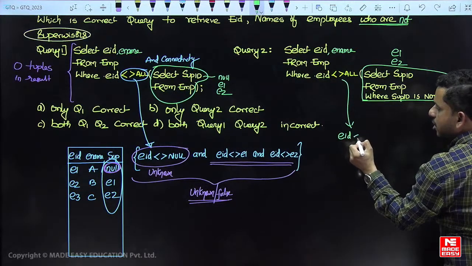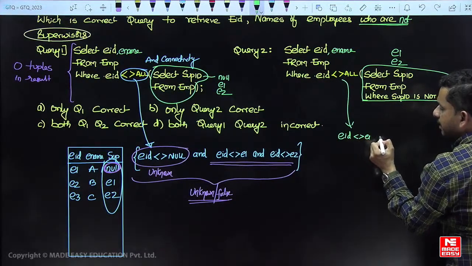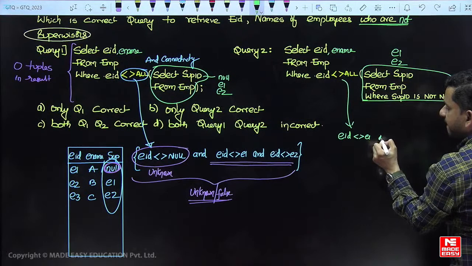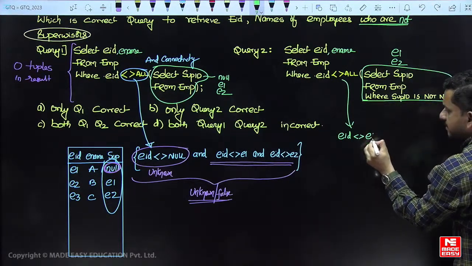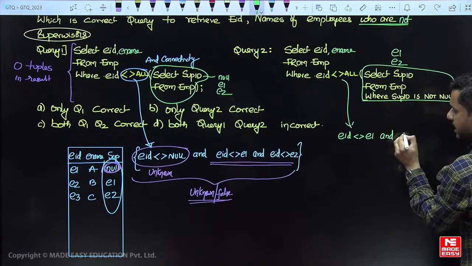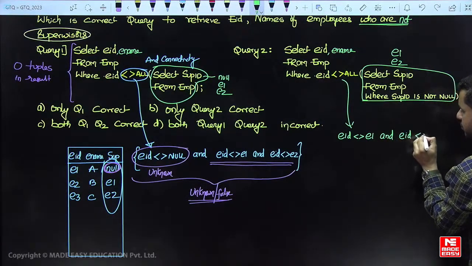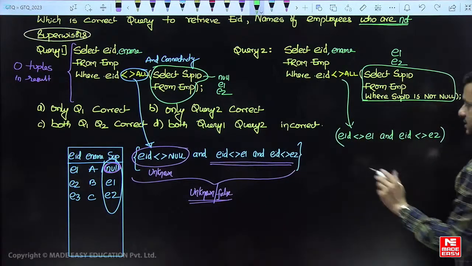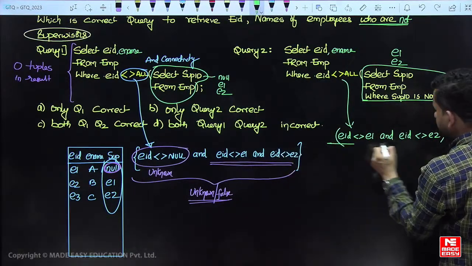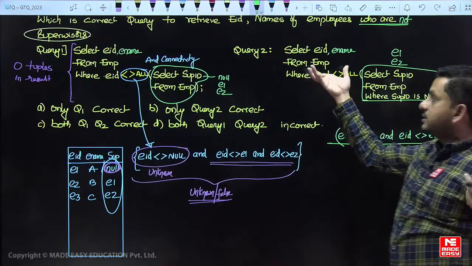So EID not equal to E1 and EID not equal to E2. Now comparison with null is not there. If it is true, then he is not a supervisor.